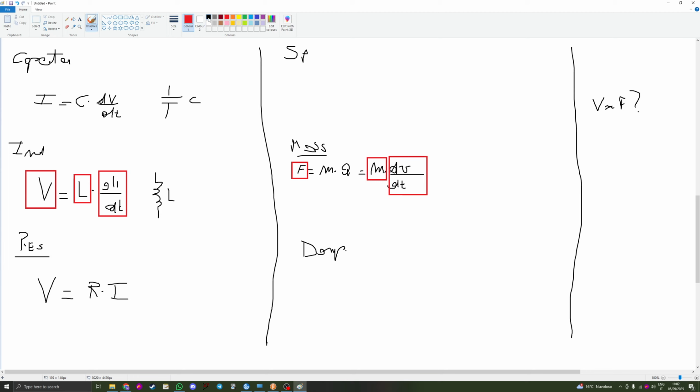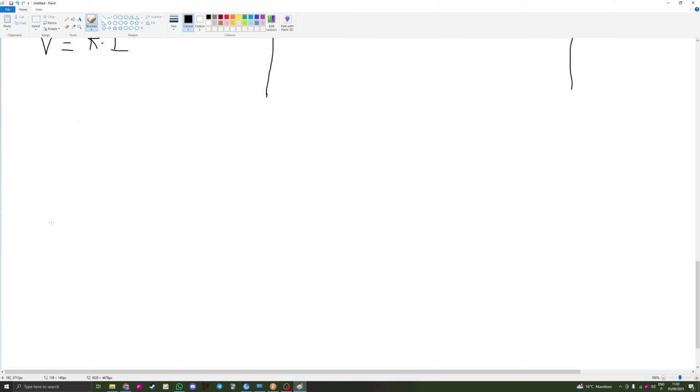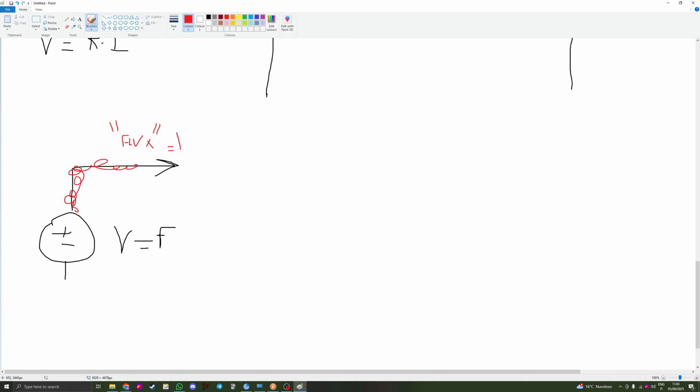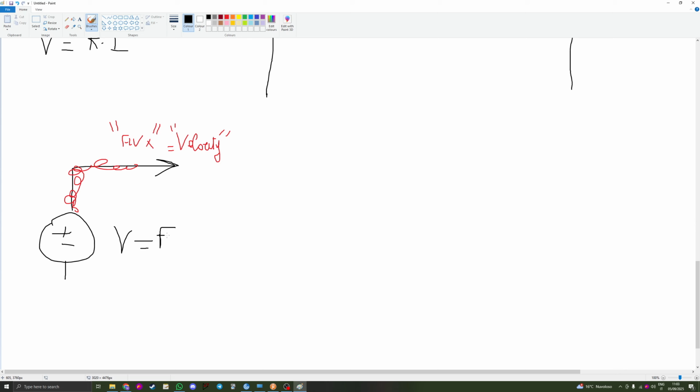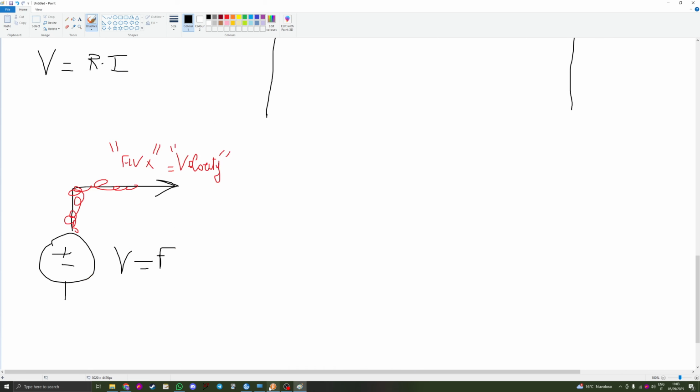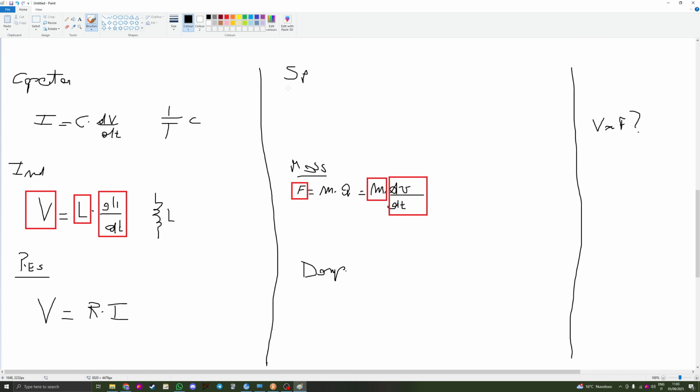So basically, in the circuit, the voltage source is the force, and the current flowing in the circuit, the flux, is the velocity. Now, there is a long and very boring explanation of why it actually works like that, and to make it work you have to make some considerations. I will show you why also in a physics software. But let's continue now with the spring.